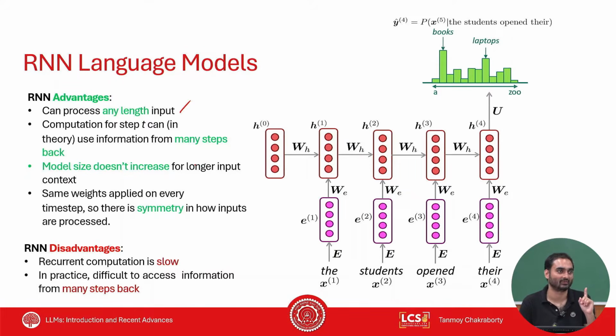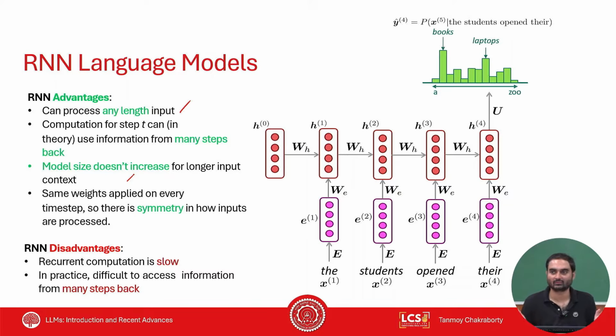But CNN, remember, can't capture long distance relations. Why? Because CNN only depends on the previous few words. But here, if you look at it carefully, every layer, let's say the Tth layer, has the information of all the previous layers from 0 to T minus 1 with certain changes. Ideally. Why ideally? I'll tell you later.